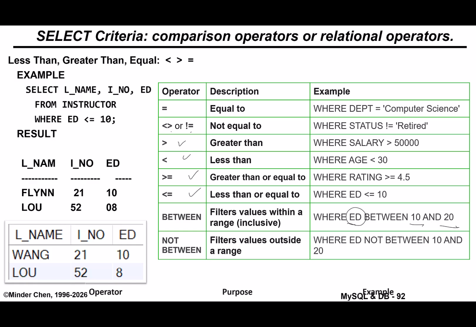You can also use something called not between. So in this case, I think it does not include 10 and 20. Okay, it has to be 9 or less and 21 or greater. So this is the result that we have here.